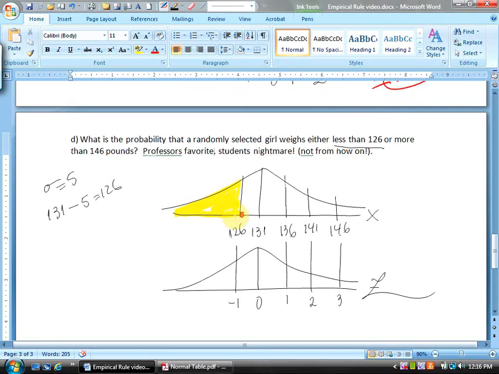We are adding. So more than 146. So we're talking about this. Okay, so there is confusion and mistake in quizzes too, because many students will say that, hey, I added right, that white part is my answer. Wrong. That's what we don't want. Okay, so we want either less than 126, more than 146.